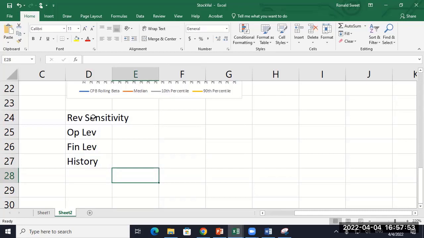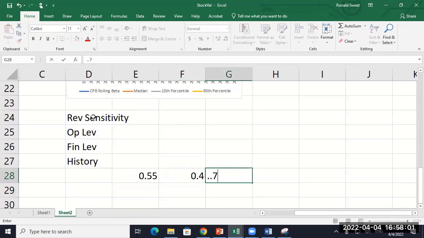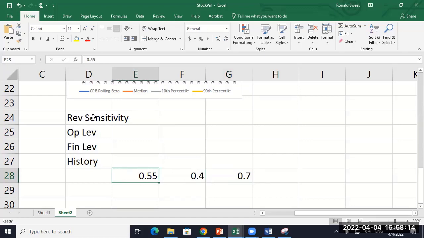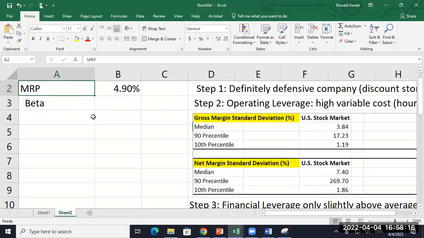Now I might use 0.5 for Walmart, but I think it could range between 0.4 and 0.7. So I might actually have ranges that I use in paper 4 because I'm not absolutely sure, but I'm going to go with that for right now. So there's my beta, 0.55, 0.7.